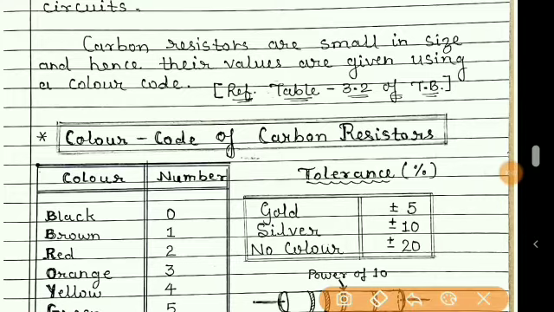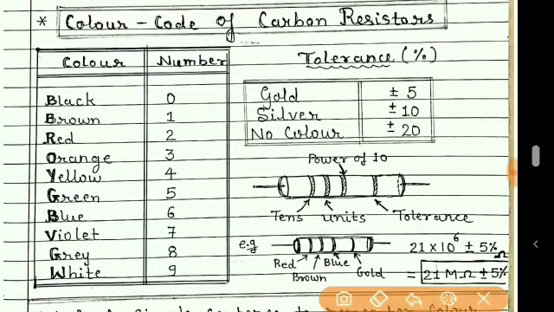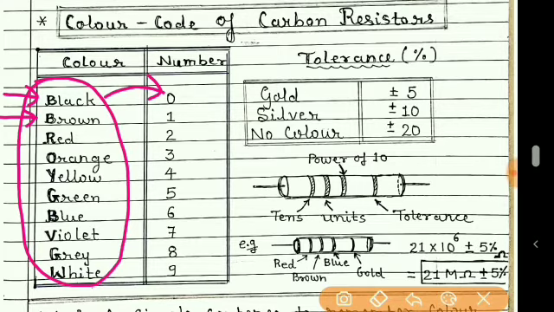Now students, color codes of carbon resistors. Here in a table the colors are given and the number corresponding to that color is also given. These colors are used on carbon resistors, and from that we can get the value of these resistors.